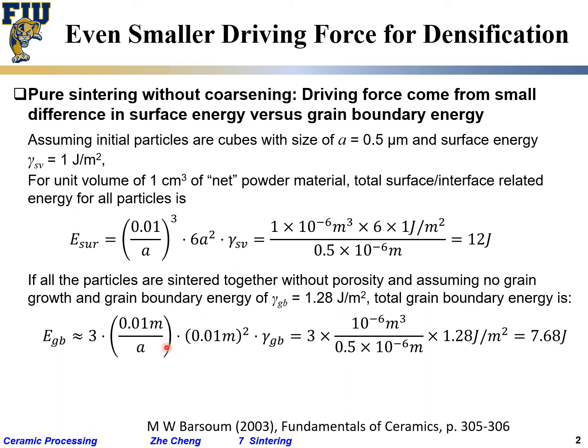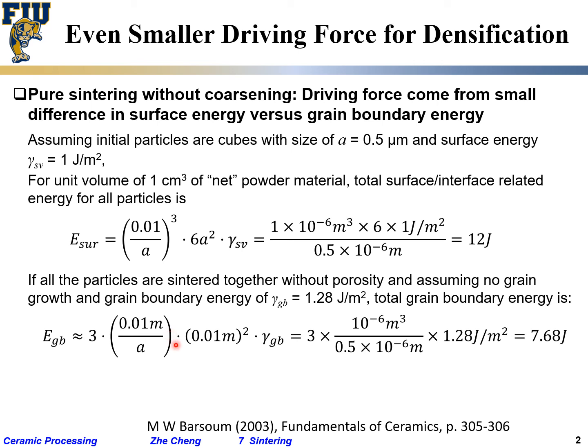How many of them? Actually, here we also get a cancellation. 0.01 meter squared gives you the area of the side for your entire cube, the big cube. I'm talking about 1 cubic centimeter, the entire cube. But now, one side, two sides, each side is this much of an area, and we are talking about how many of that?